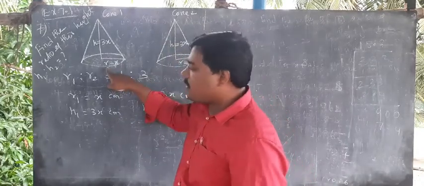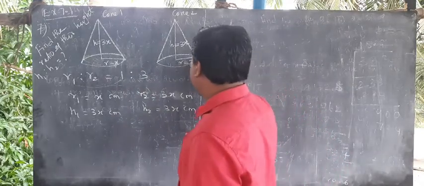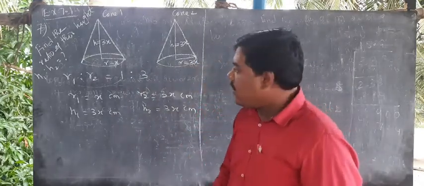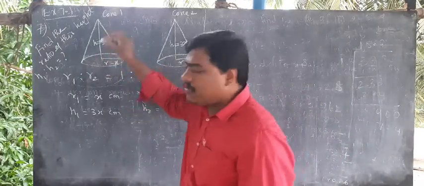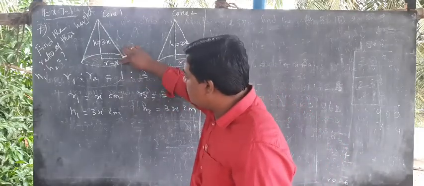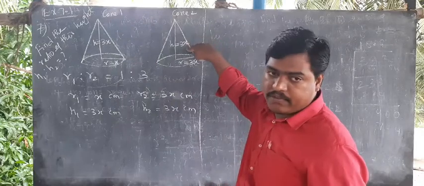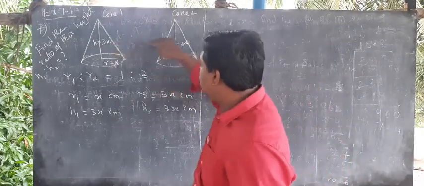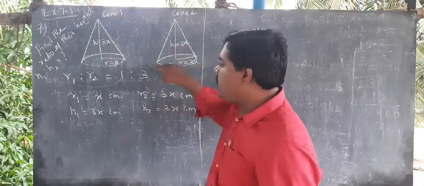Here radius r equal to x, here radius r equal to 3x. And the height of each cone is 3 times the radius of the smaller cone, so 3x. For cone 1 and cone 2, the height will be the same, but the radius will differ.